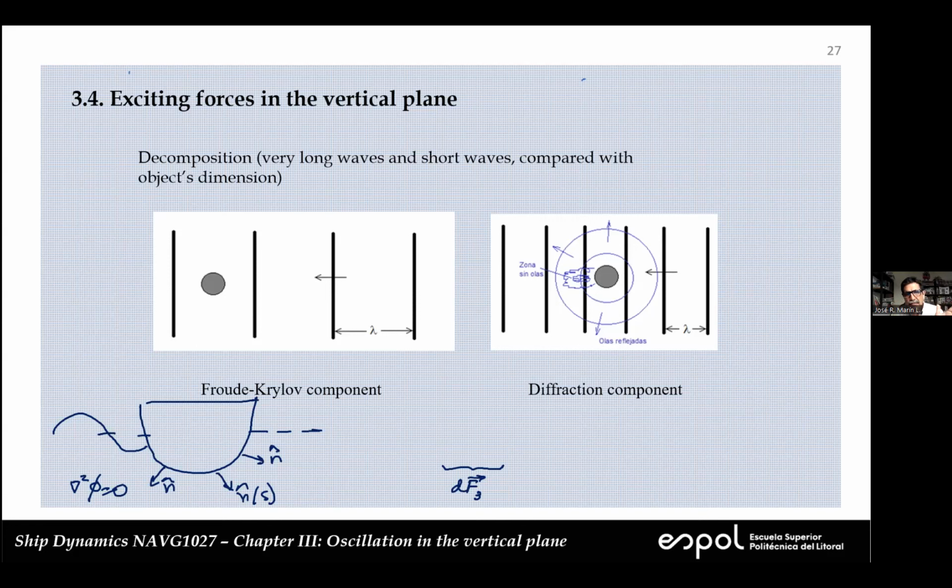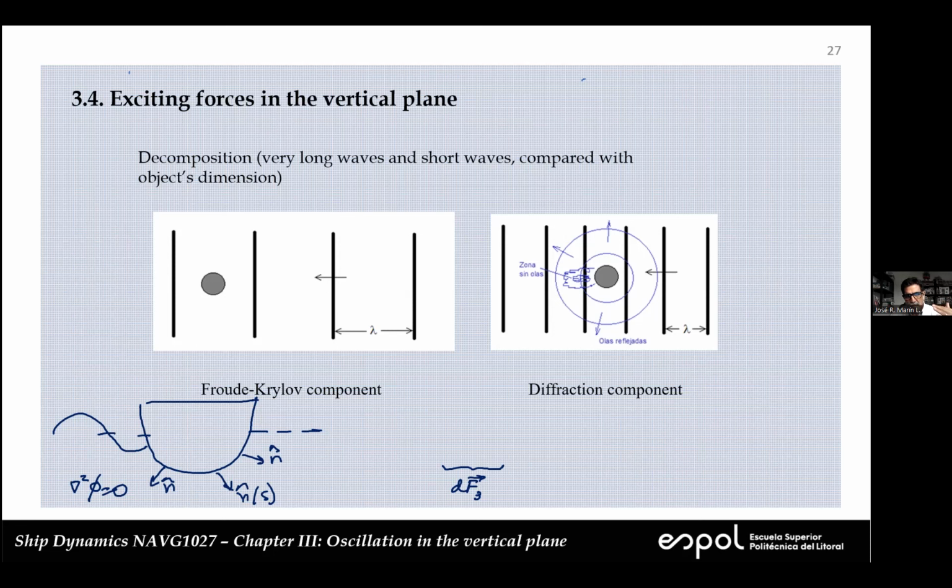In one case, we use Froude-Krylov law, and that means that we consider that the wavelength is much higher than the dimension of the object under which the waves are acting. Because of this, basically, the wave passes around the object as if there were no object at all, right?